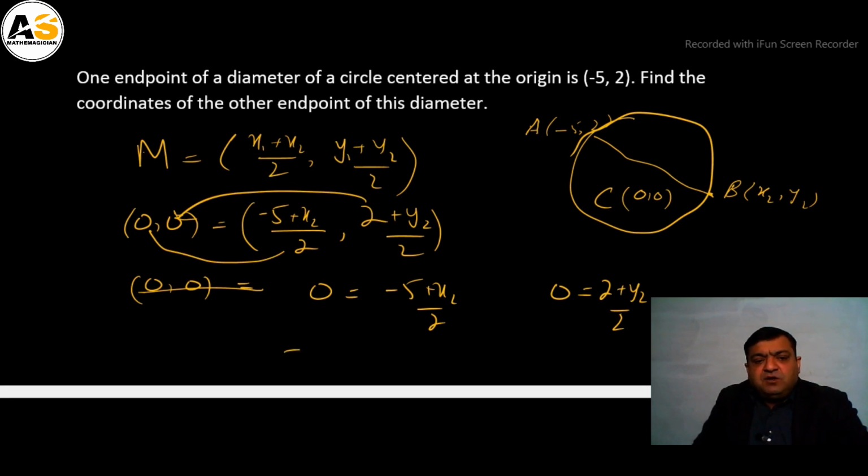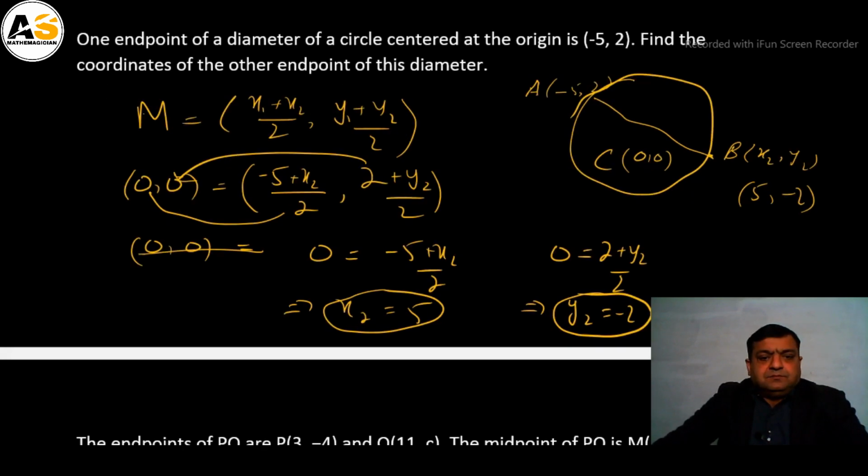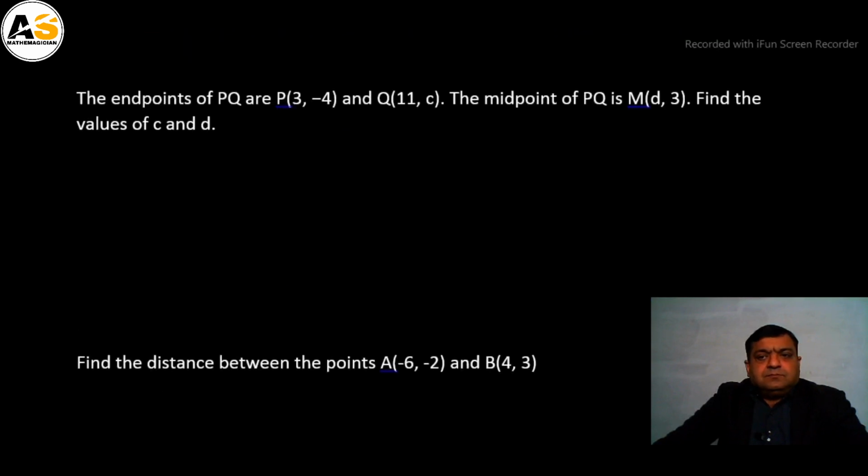From here we conclude x2 is equal to 5, and from here we conclude y2 is equal to -2. Thus we get our second point is (5, -2). Next question.